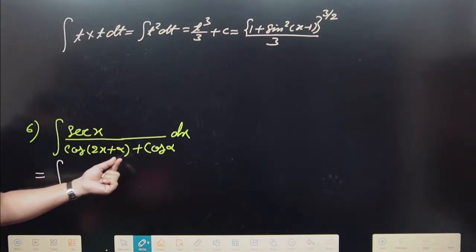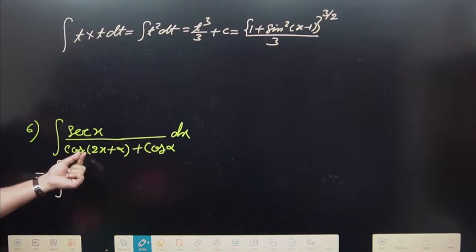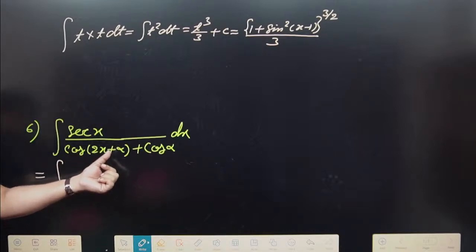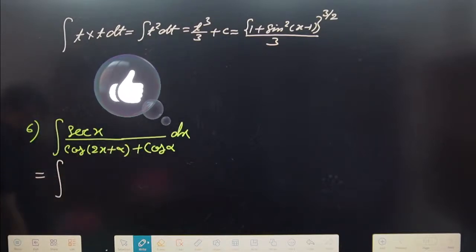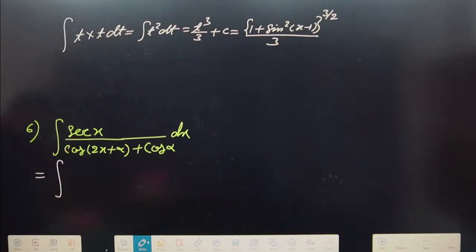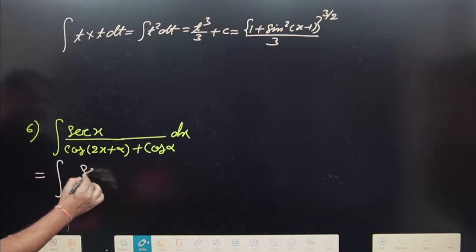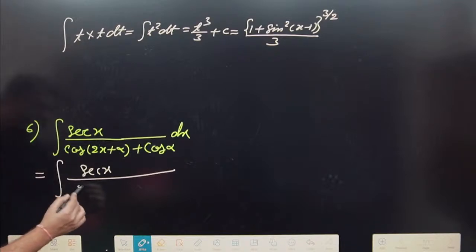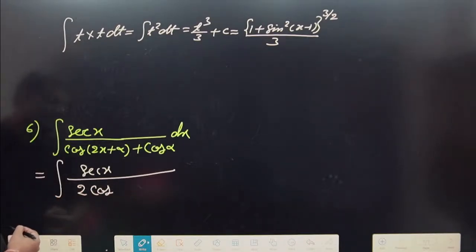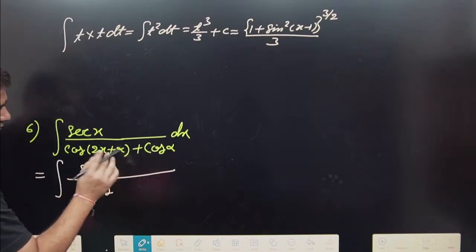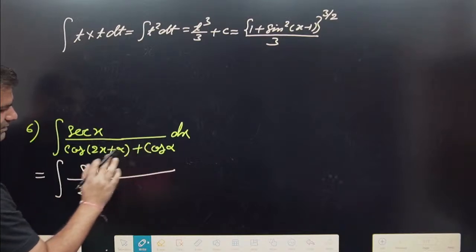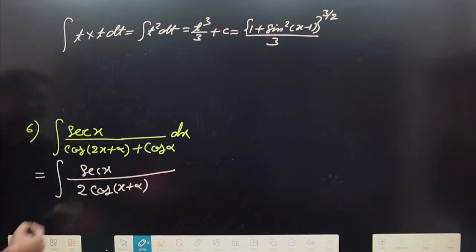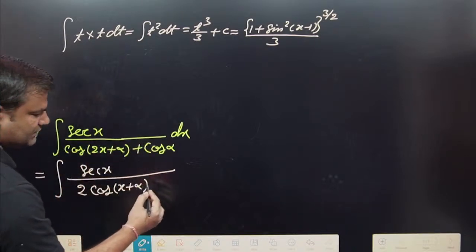If you apply this to cos of 2x plus alpha plus cos alpha, that is written simply as sec x divided by 2 times cos of (c plus d) by 2, so (2x plus alpha) by 2 means x plus alpha, into cos of this minus this, that is 2x by 2, that is cos x.